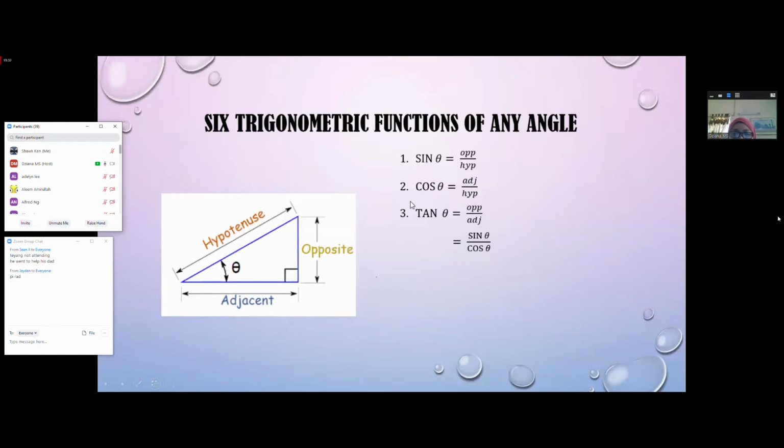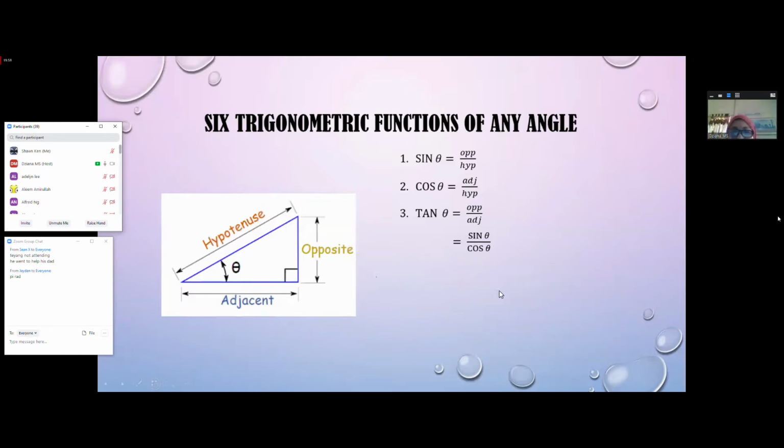That's why tangent theta is equivalent to sine theta over cos theta. Any question on that? Is it clear, before I proceed to the 3 new trigonometric functions? Okay, someone respond please. Okay, all right.